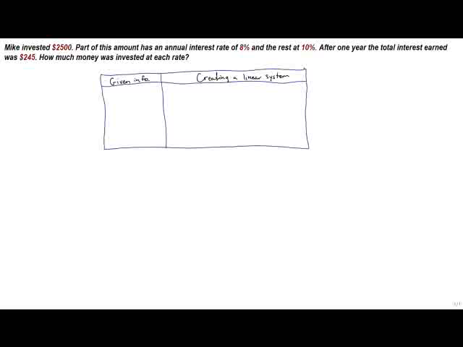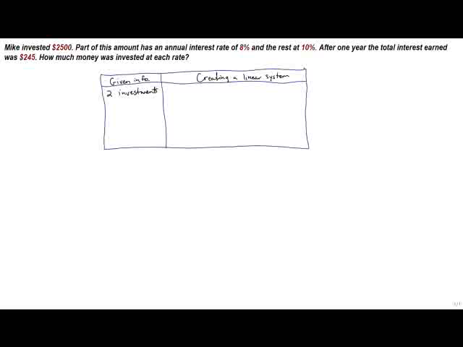So the first thing I did was go ahead and set up a table just to help us organize our information and to help us create a linear system. So the first part of the given information, we know that he has two investments. One investment is going to be at 8% and one's going to be at 10%.